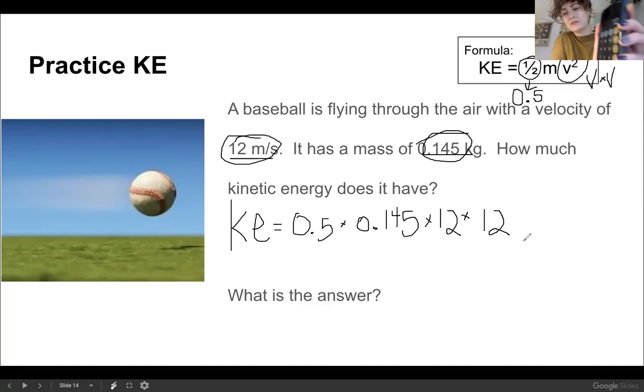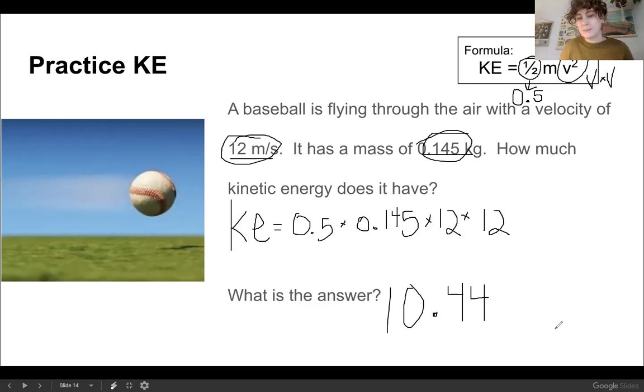Hit equals, and there is my answer, 10.44. Now, numbers are worthless in science if they don't include a unit, so we're talking about energy. The unit is capital J, joules. That's your answer.